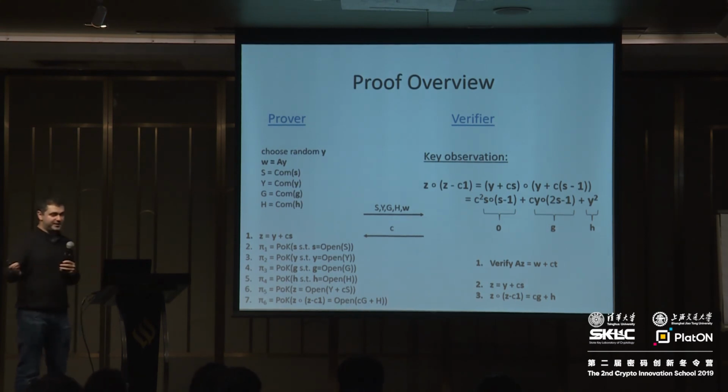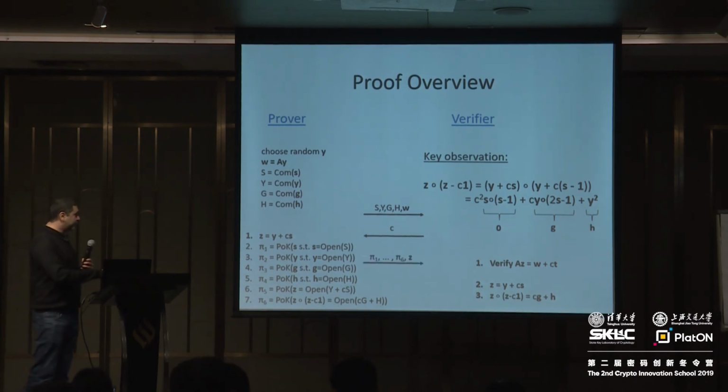So this is where homomorphic commitments come in. I never show things in the open, but I give zero knowledge proofs of just these relations. I do that, and then I send all the proofs along with the z that I showed in the previous slide over. The verifier checks all the proofs.